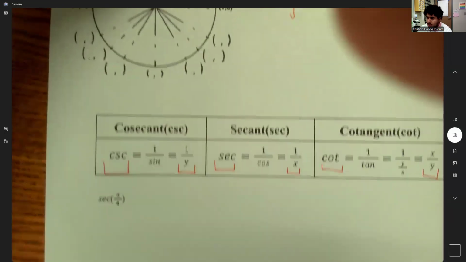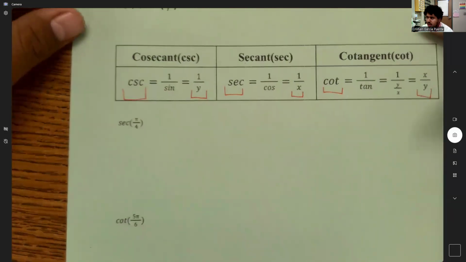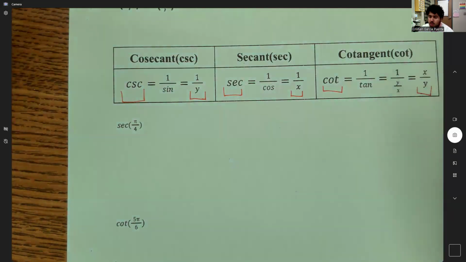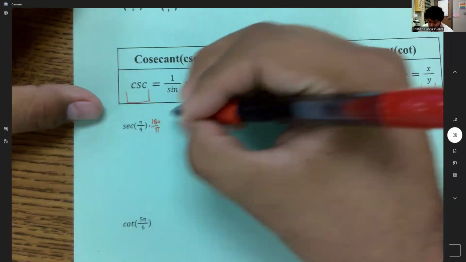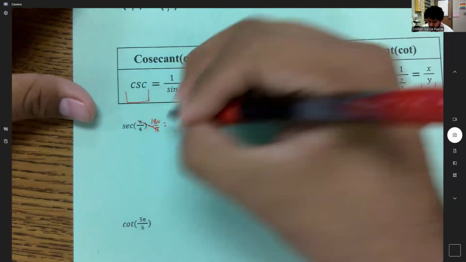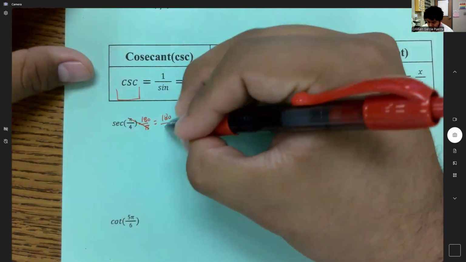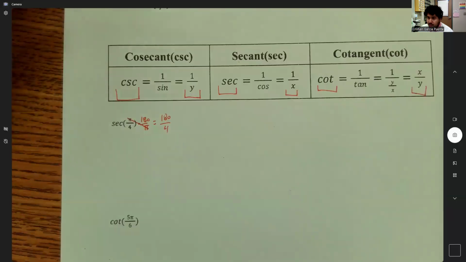So let's get started. So for secant of pi over 4, it's again very similar to what we did on day 1. First thing you want to do is change it from radians to degrees. So what we're going to do is multiply it by 180 over pi. Right here the pi's are going to cancel and you'll be left with 180 over 4. Now you're going to do 180 divided by 4.